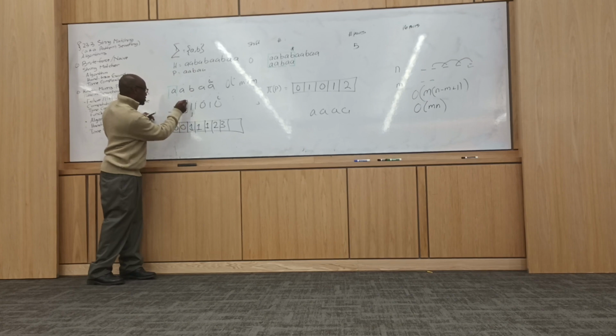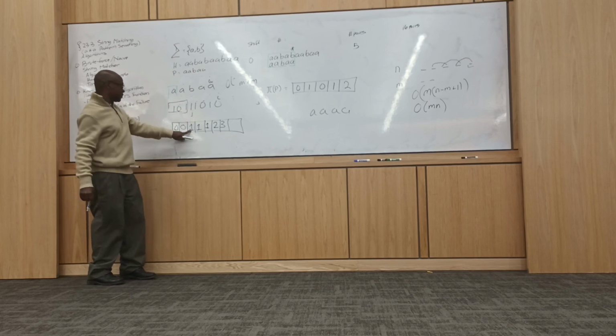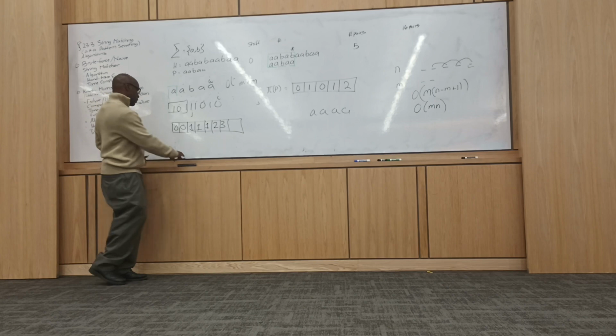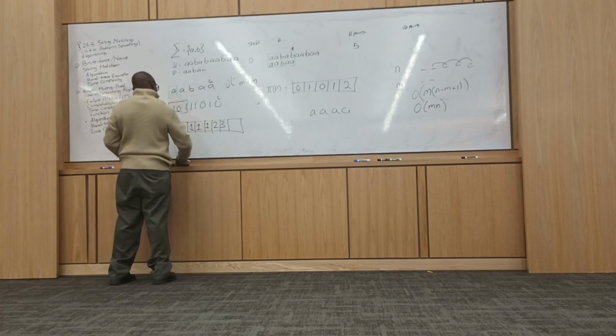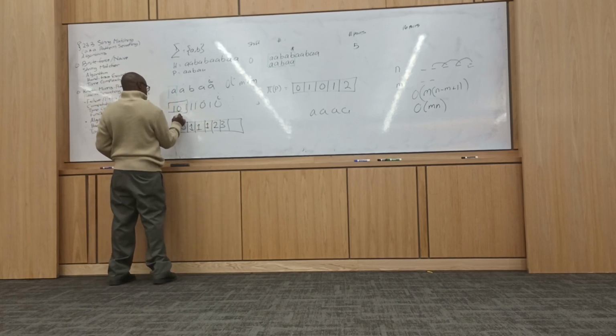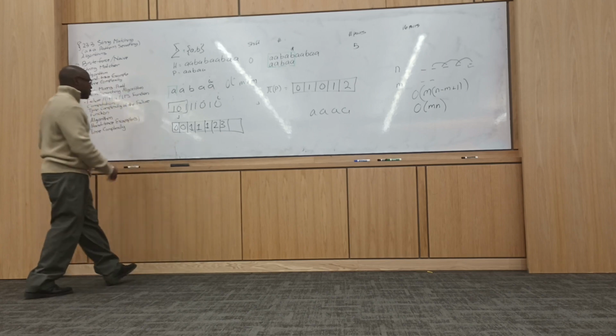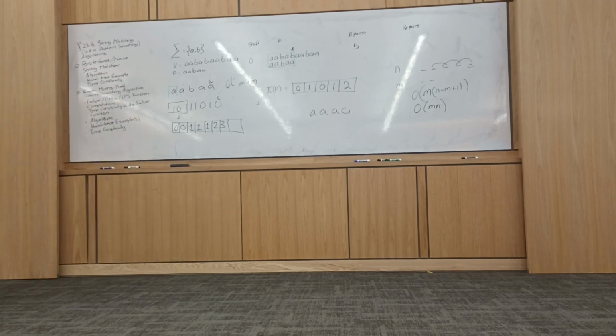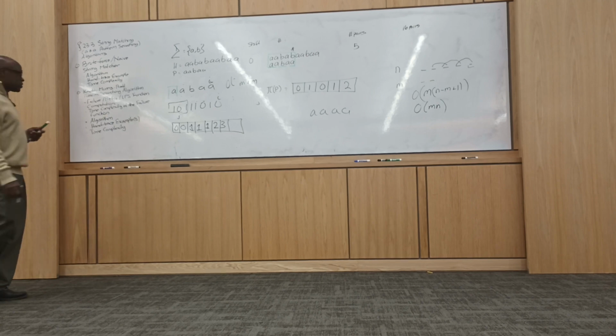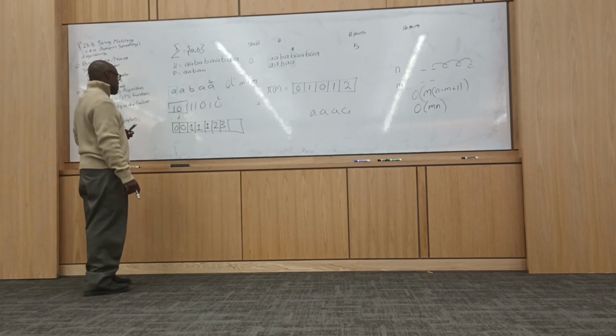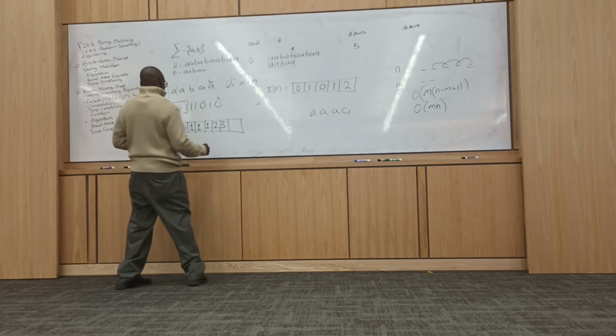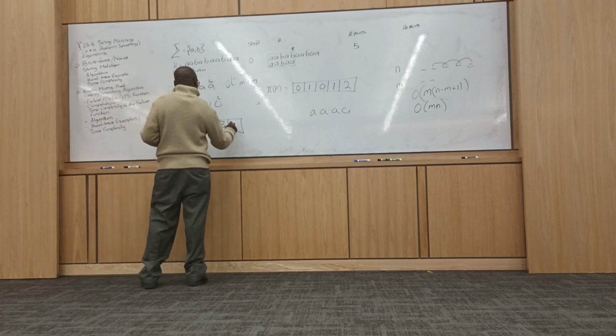So I go here. This is 1. So I go all the way to index 1. This is J. Now, do I have a match? Yes. So since I have a match, I'm going to go with 2, index 2.